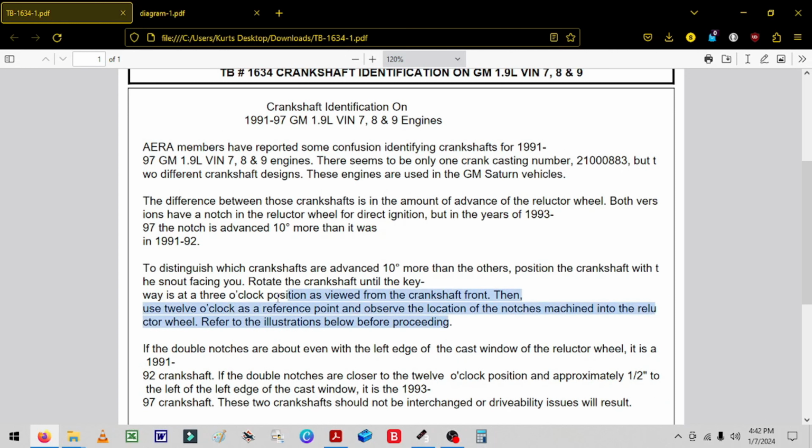Sounds to me like if you were to take a 93 to 97 crank and put it in a 91 to 92 vehicle, yes, as soon as you start that car, you may have idle issues. It may idle up fast. I don't know. But what I do know is if that is the case, this is the one time that you could have an option to advance timing.